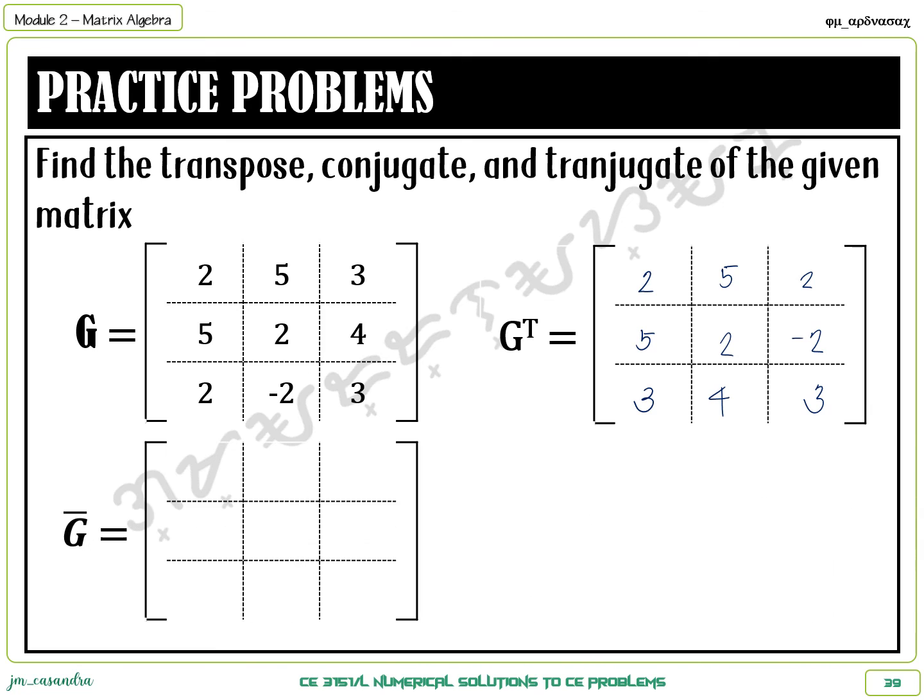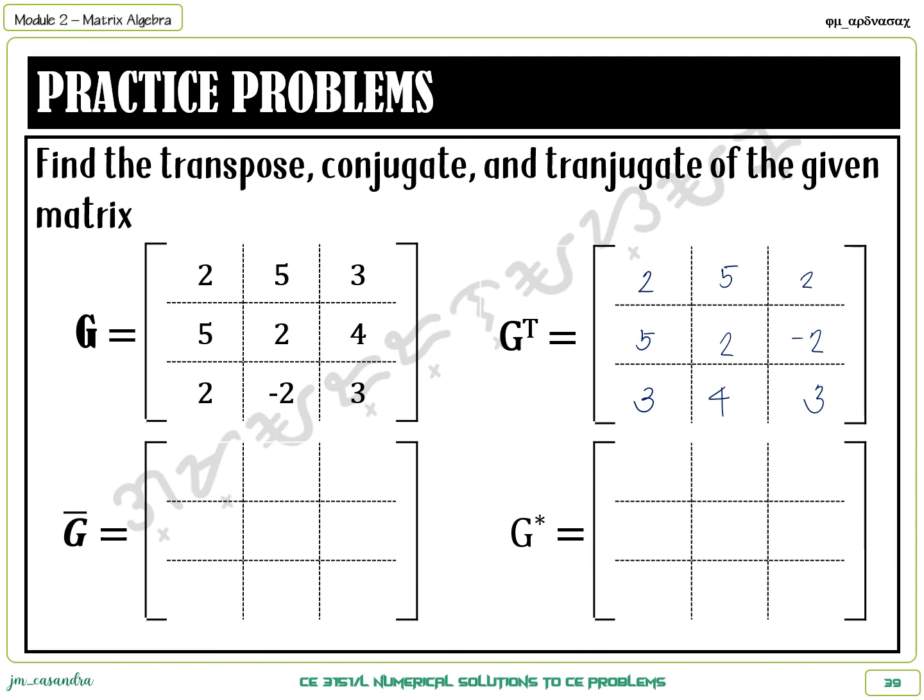And then the conjugate will be the same as our original matrix, as there are no complex numbers. So we'll have 2, 5, 2, 5, 2, -2, 3, 4, 3.